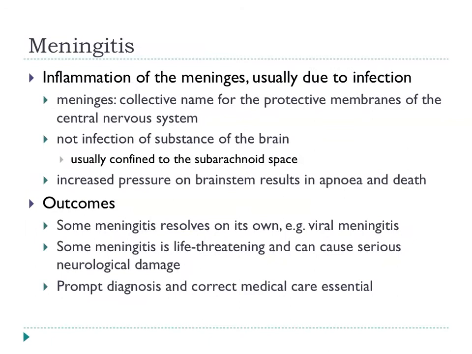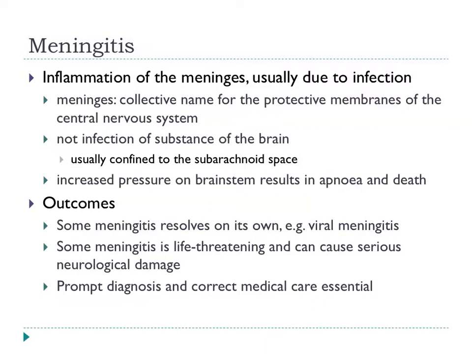So let's now focus on meningitis. What do we mean by meningitis? Well, the meninges are the linings of the brain, the central nervous system, in fact, of the spinal cord as well. There are three of them, but we don't need to know the details there. They form this set of protective membranes. And when they get inflamed, this is what we call meningitis.